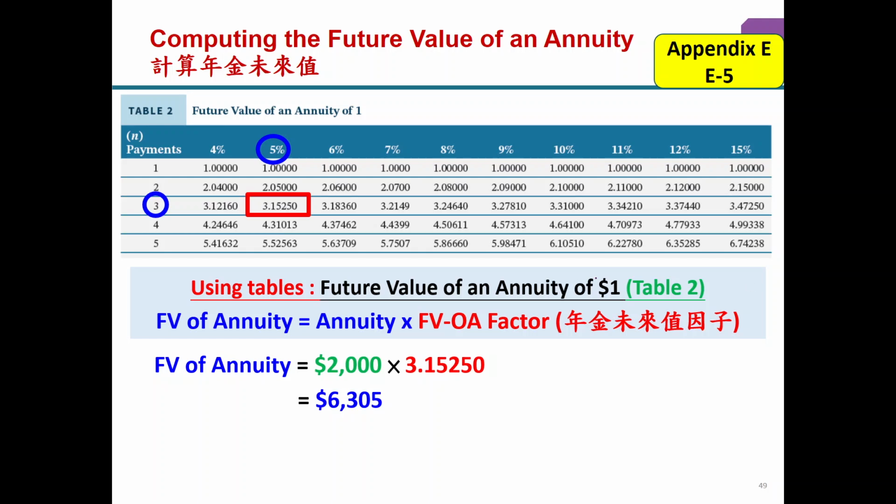Future value of annuity means 年金未来值。So what's our annuity? Our annuity is $2,000, right? Each time our annuity is $2,000.